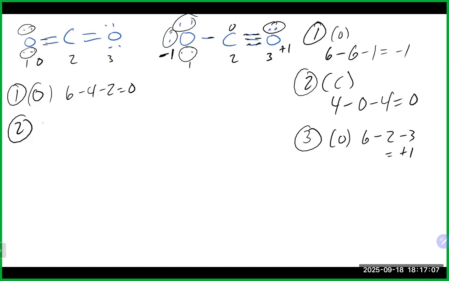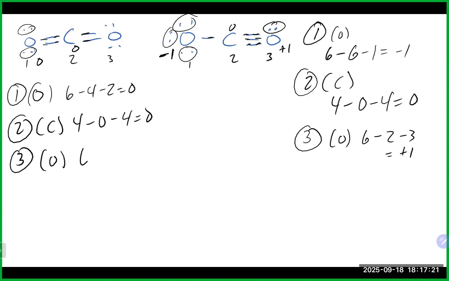Carbon in the middle there is going to be 4 minus 0 minus, again, 4. That has 4 bonds. That is 0. And lastly, our third oxygen there, which is going to be exactly the same as our first. 6 minus 4 minus 2 bonds there. And that's going to be 0 in this case.